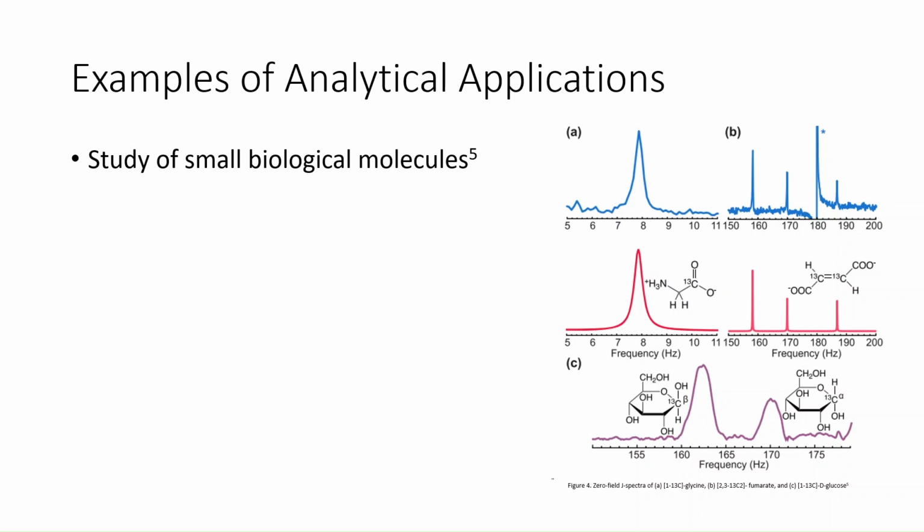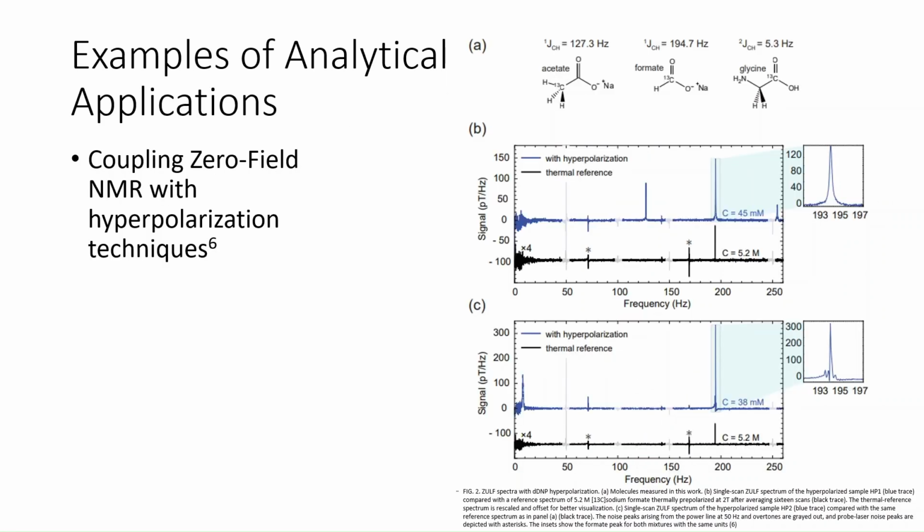The image shown here is a figure from the paper showing the zero-field NMR spectra of the various molecules the researchers studied. Another application of zero-field NMR is coupling it with hyperpolarization techniques.